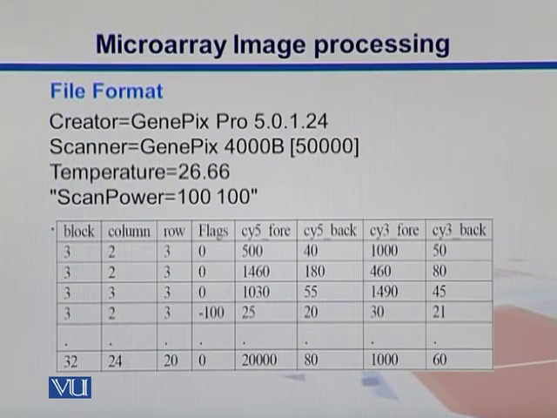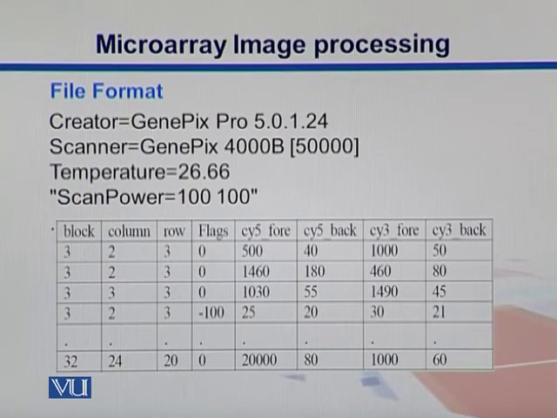So we have the block information, we have block, column, row, and then we have flags. Remember guys, we have talked earlier about the flags. They tell us the quality of our features, those dots or spots. So a 0 flag is ideal. These features are okay. Negative flags are there where you have more background, more noise as compared to the foreground. Then you have the intensities where Cy5 foreground is 500, whereas Cy5 background is 40.